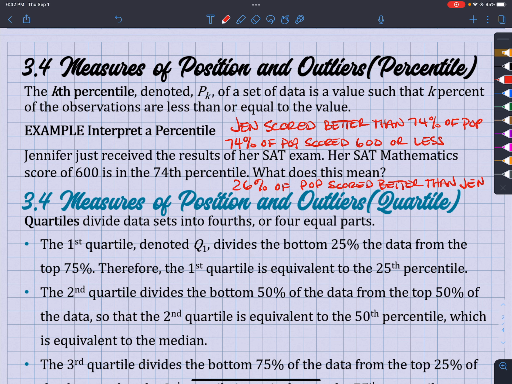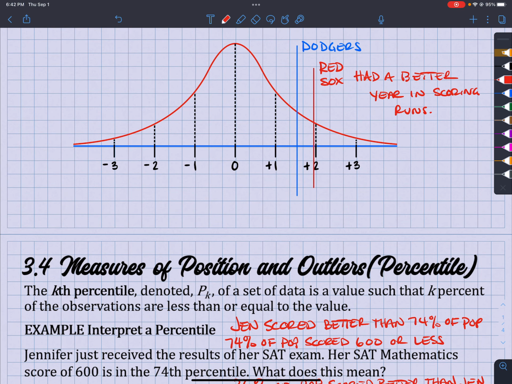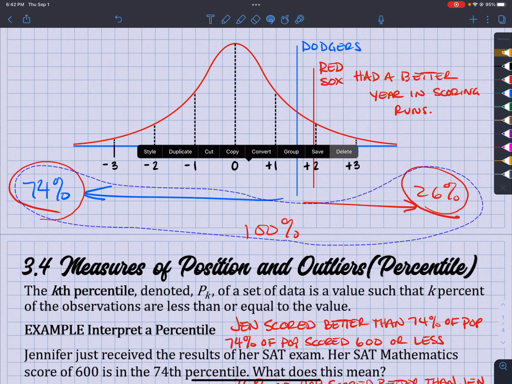So we have to understand that if we look at this curve here, if I have 74% this way, that means we must have 26% in this direction because the total of these two should be 100%. All right?